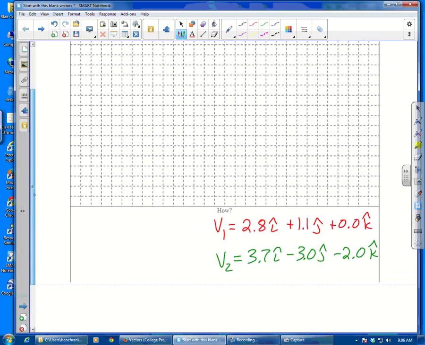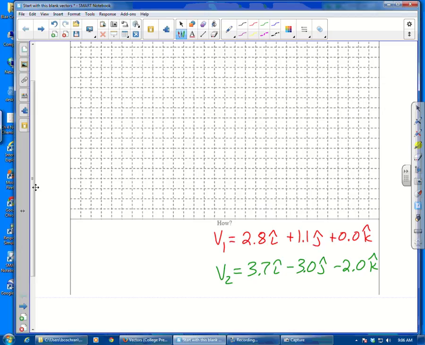First thing, now, drawing a 3-dimensional vector, while it's not impossible, it just takes a little more spatial ability than drawing a 2-dimensional one. And I realize that not everyone is able to see that. So here is what I would grade as 100% correct for this one.